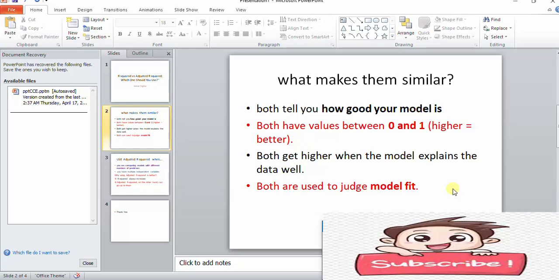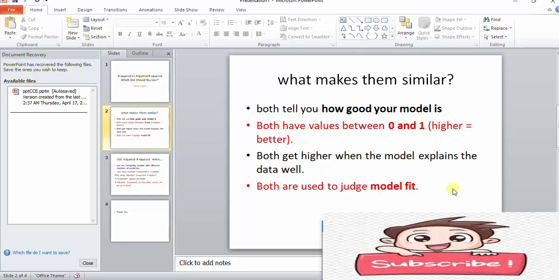So data with R square value and adjusted R square value higher than 0.5, as a general rule, is considered a good model fit, rather than data with R square value or adjusted R square value less than 0.5. That means 50% of your dependent variable is explained by your independent variables.